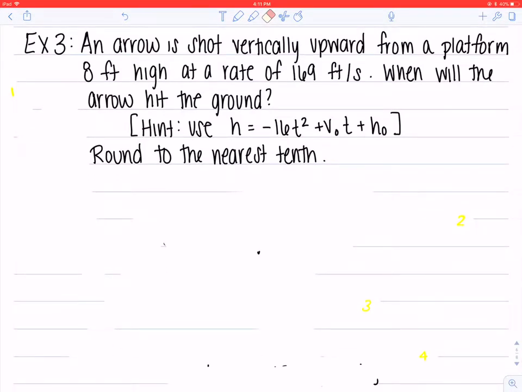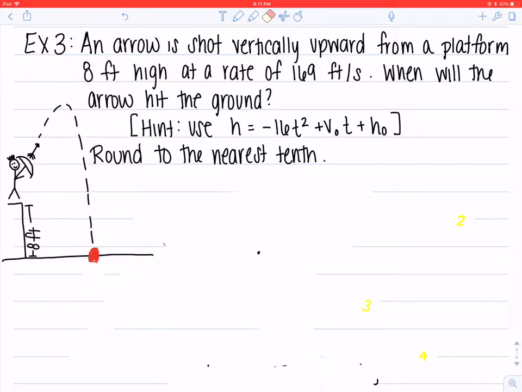The final example says an arrow is shot vertically upward from a platform 8 feet high at a rate of 169 feet per second. When will the arrow hit the ground? So I gave you the formula. Hawks will give you the formula, and then round to the nearest tenth, so I'm going to just have one decimal place. First thing I always want to do is draw a picture. I have a guy. He's shooting an arrow straight up in the air.